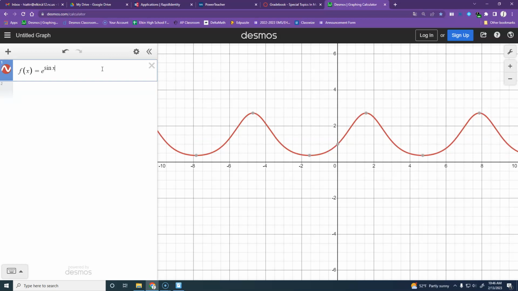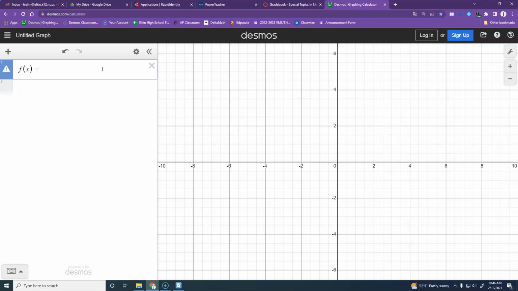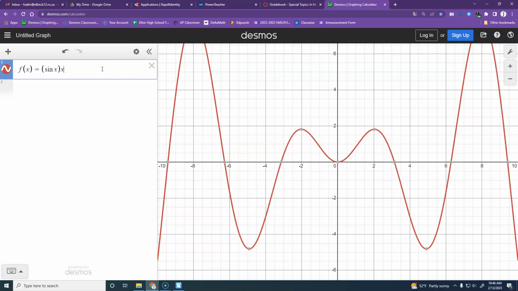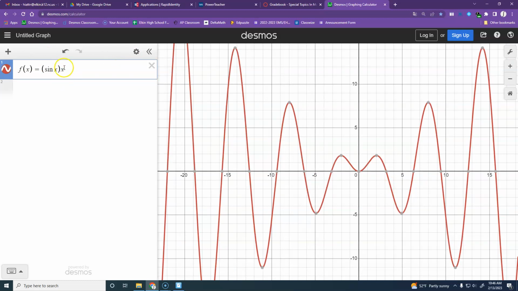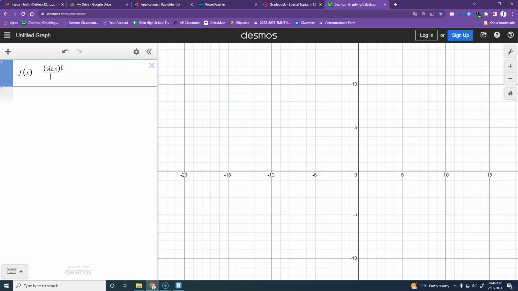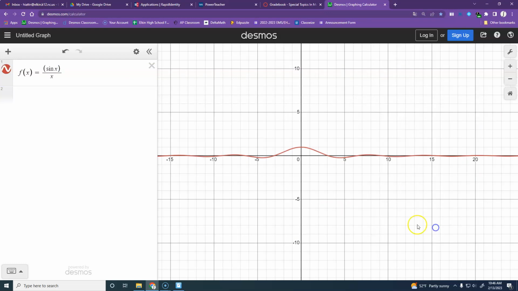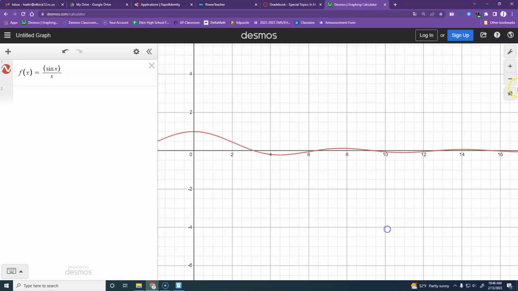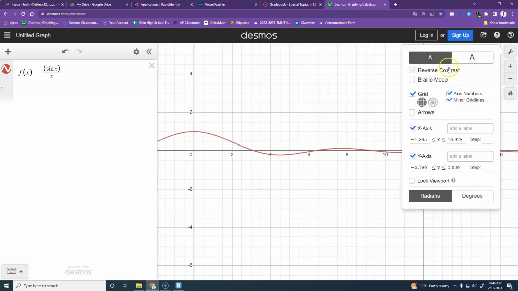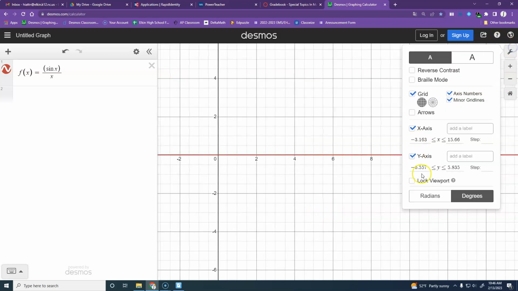It's a cool graph though. Opposite. Oh, I know what it is. This one, sine x over x. If you look, especially if I change it to radians. No, it's in radians. Degrees. Oh, way worse. Radians.